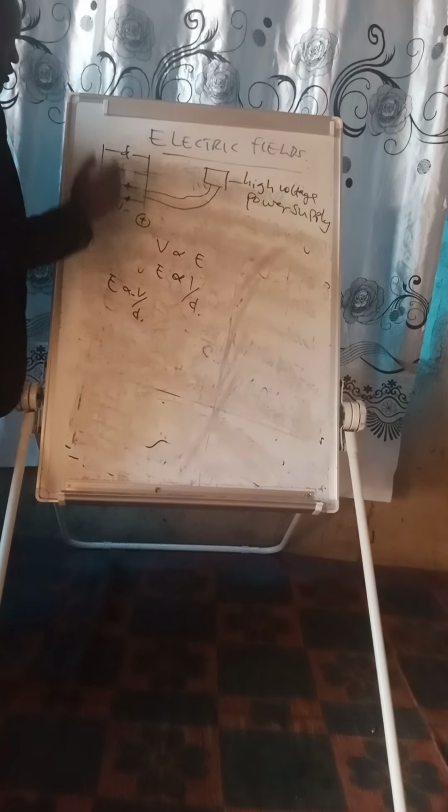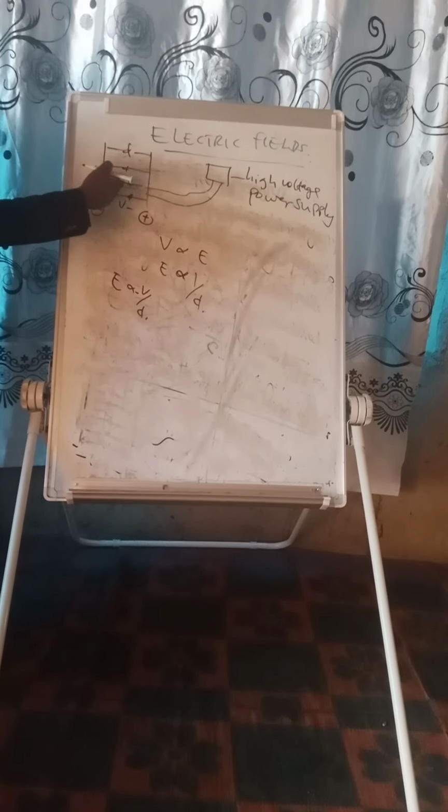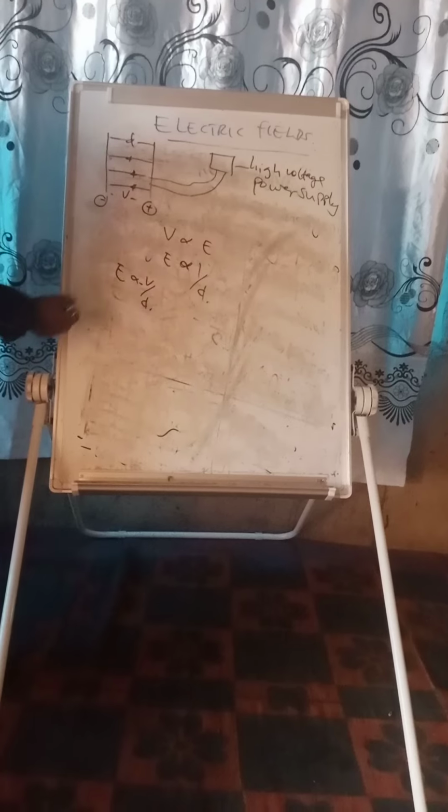V increases toward the side of the high voltage power supply, but the direction of force is the same as the direction of field lines, so it is to the left and V to the right. That's why this is negative.